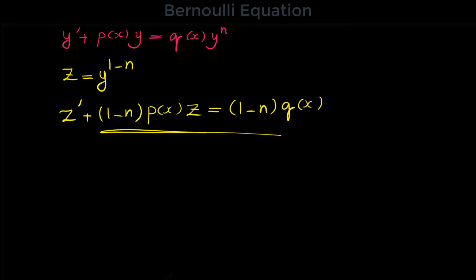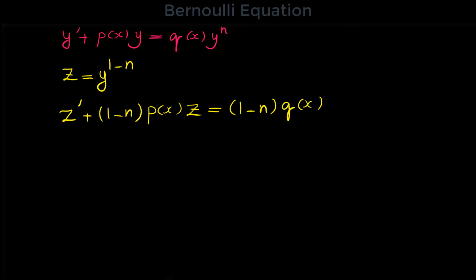Now if you look at this differential equation, you can see that this is actually a linear first order differential equation, which we know how to solve. First we have to find the integrating factor, and then we can solve the equation. So let me show you the first example.